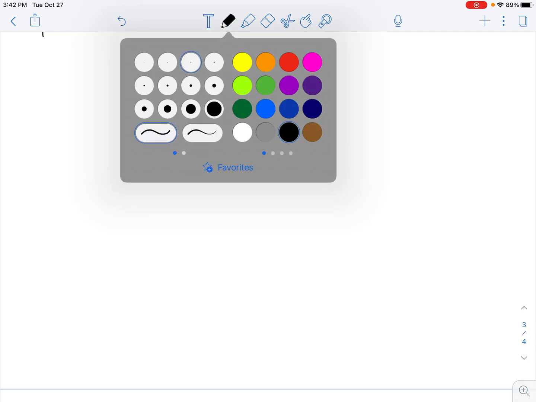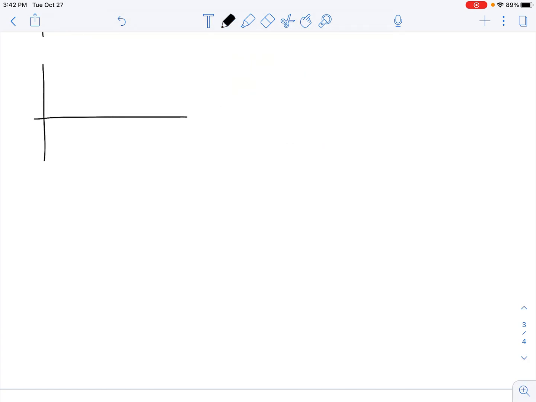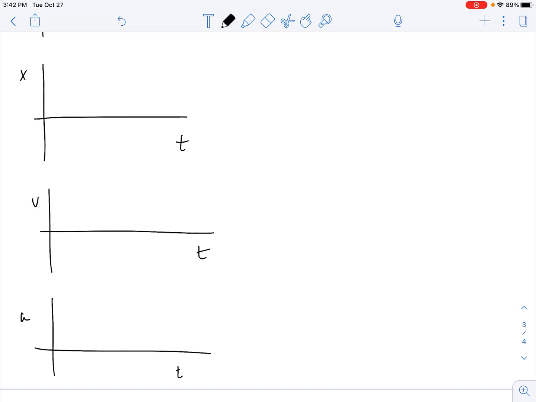Let's look at another situation. So we've got position time, velocity time, acceleration time. Let's suppose that the object did this. So this object has a positive velocity because it's got a positive slope.